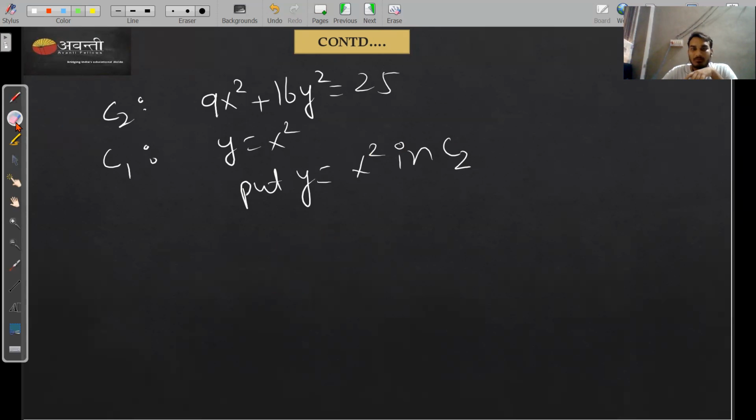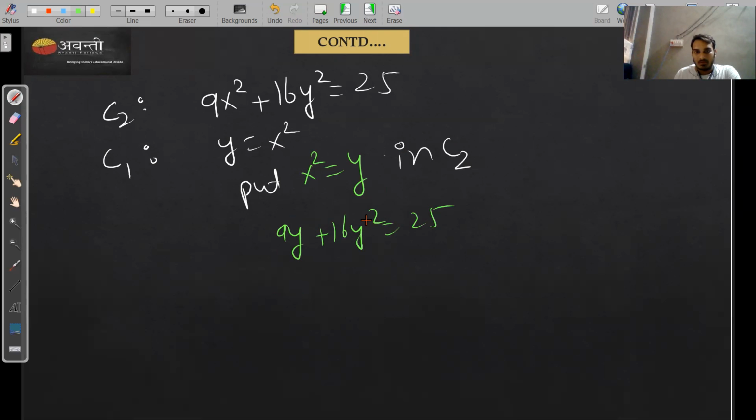Why use power 4 when I have the option to make this quadratic? So I will try to reduce my equation. What I'm doing is putting x square equal to y. Now if you put x square equal to y, this will become quadratic, right? So it becomes 9y plus 16y square is equal to 25.